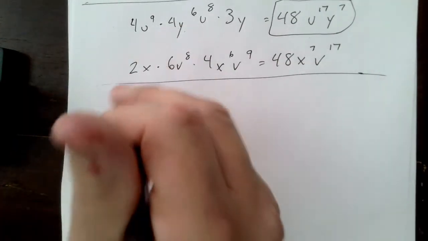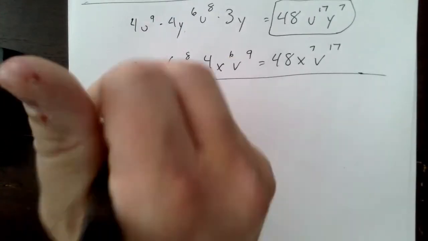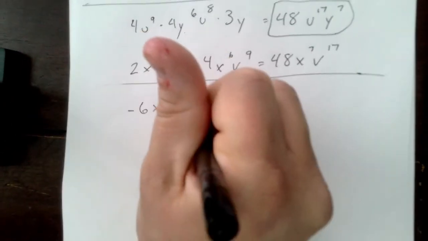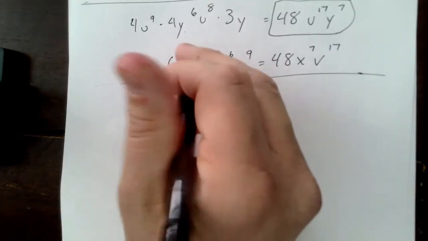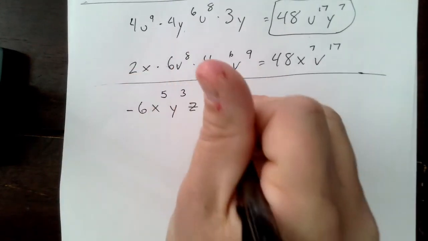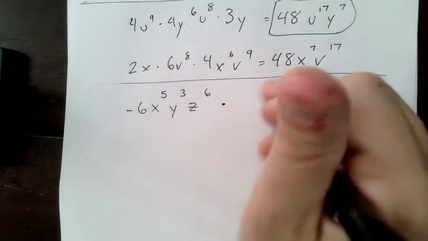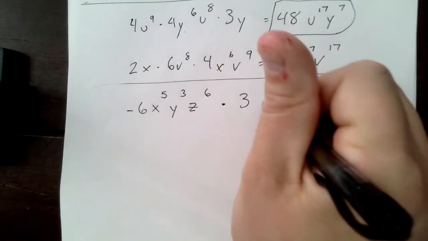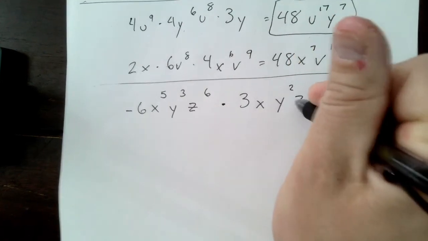Now, these problems can look as difficult as you want them to. So like negative 6, and give me 3 numbers. 5 and 3 and 6. So if we have negative 6, x to the 5th, y cubed, z to the 6th, times 3x to the 1, y squared, z to the 4th.